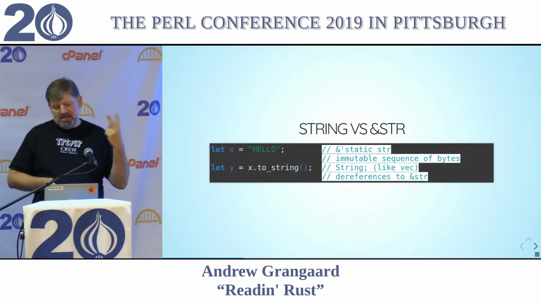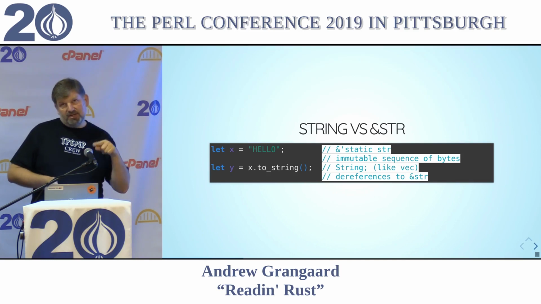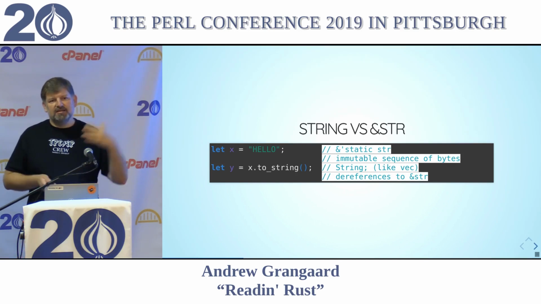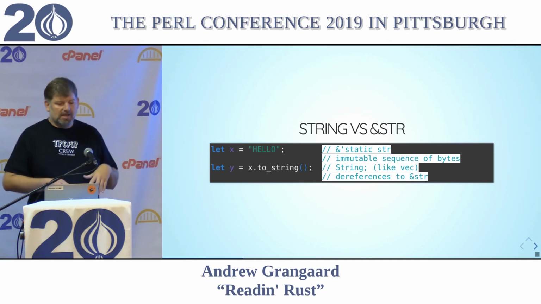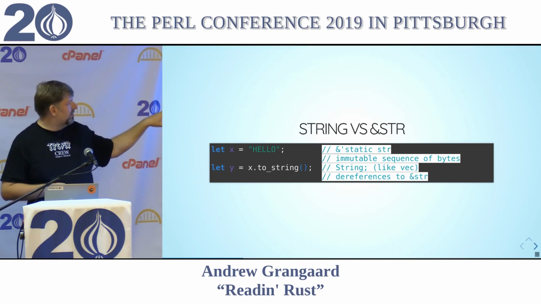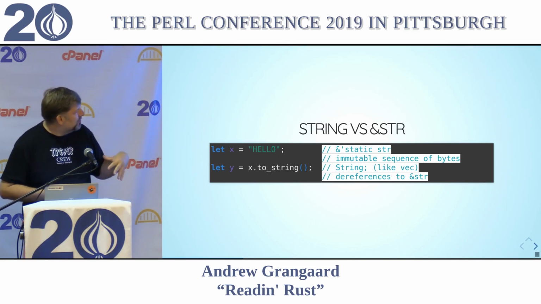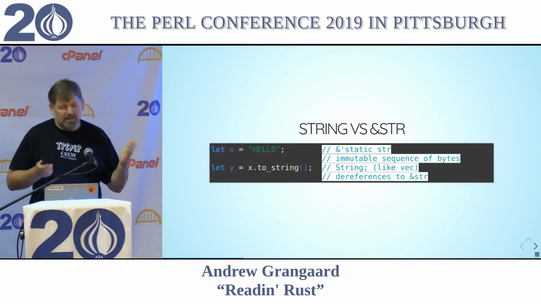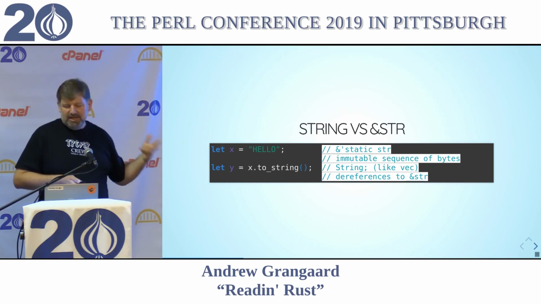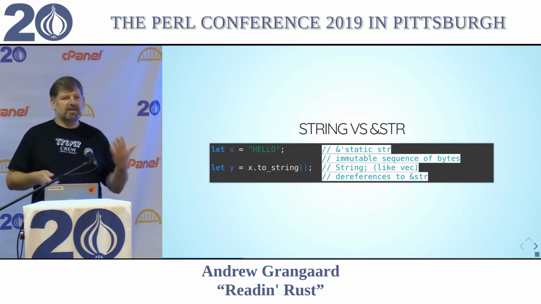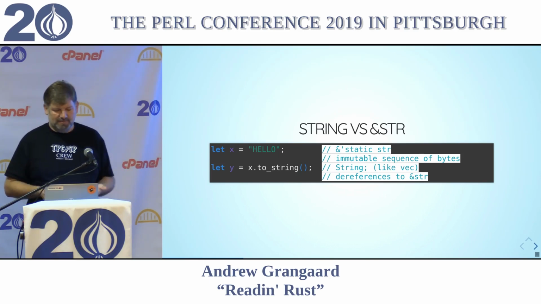There's str and String, but str is really almost always a reference to str because that's a static string that is compiled into your code. So if you put a literal hello string into your code, you're going to have to turn that into a String type by stringifying it, which is getting into the weeds of the memory management. But you will get into those weeds, but by the time you're in the weeds, they'll feel like home. It's good.